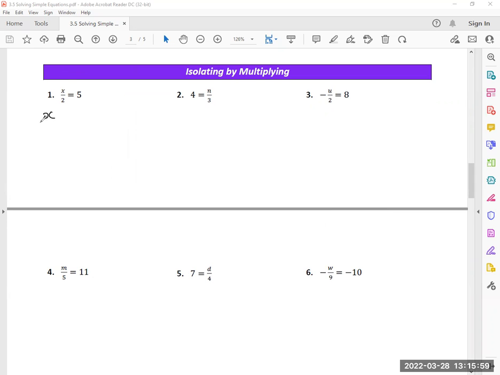I have x dividing by a 2. How do you get rid of a division? What's the inverse? Yeah, times 2. And you have to do the same thing on both sides. Division of 2, multiplication of 2, they simplify into a 1, leaving me x equals 10.